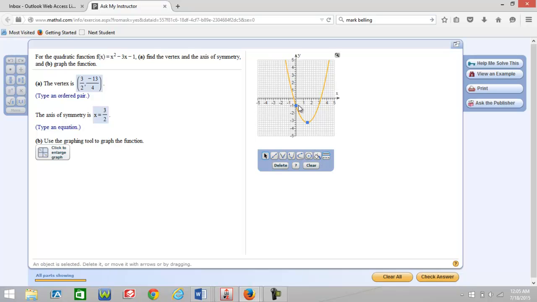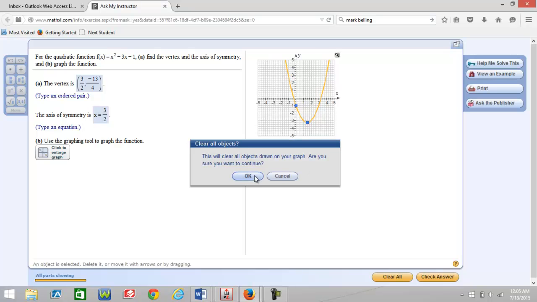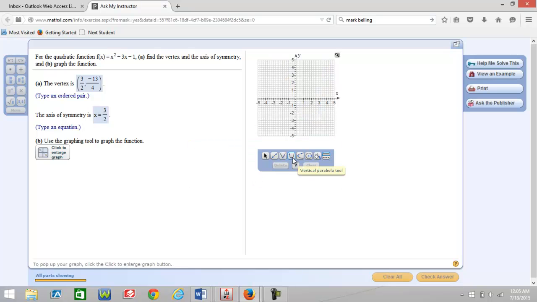I'm pretty happy with it. The vertex is at 3/2, negative 13/4, or that's negative 3.25, and the y-intercept is negative 1. Again, just to go through it one more time: you click on the parabola tool.